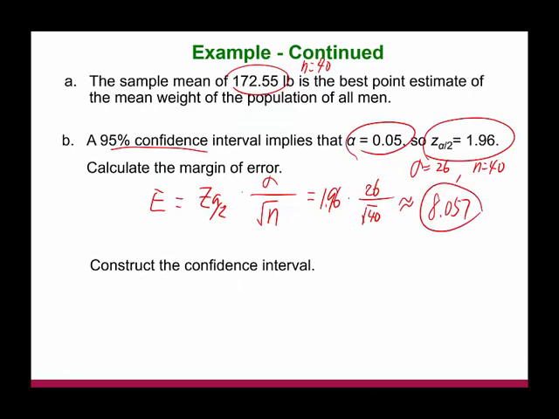Now let's construct the 95% confidence interval. Sample mean minus margin of error gives the lower limit. Sample mean plus margin of error gives the upper limit.